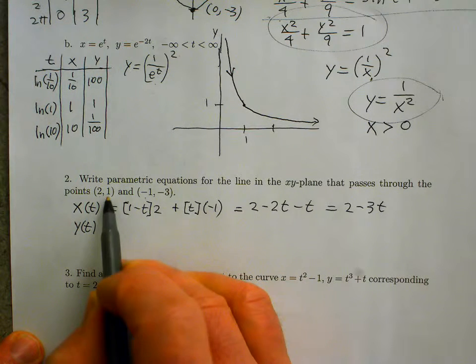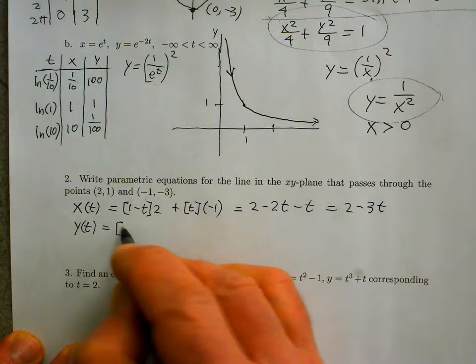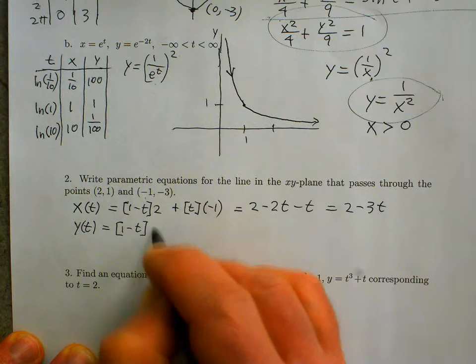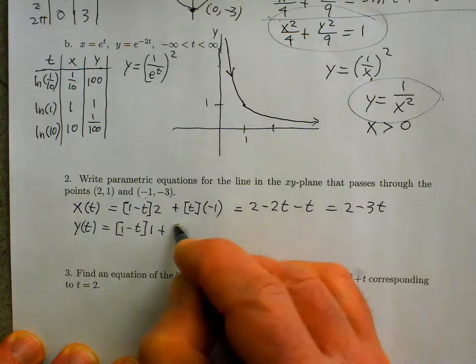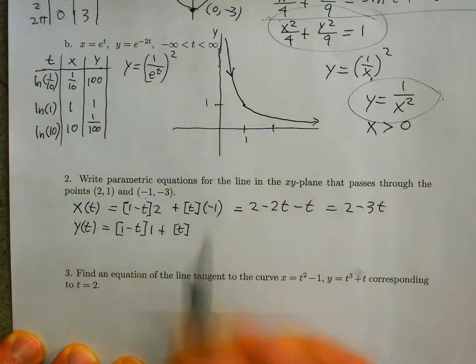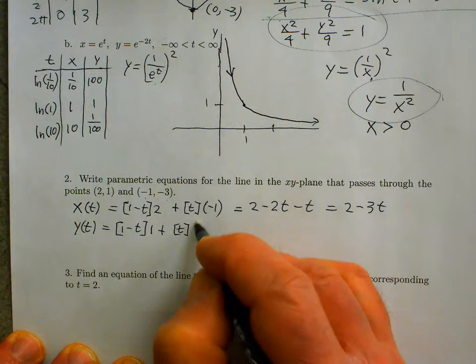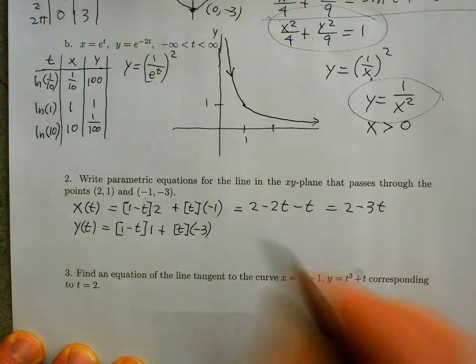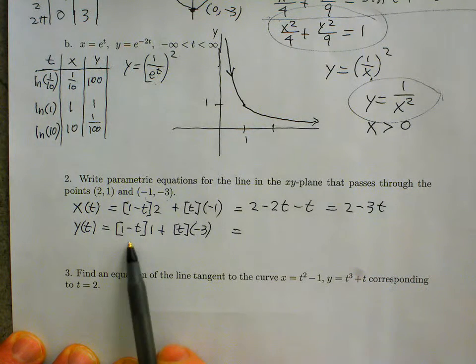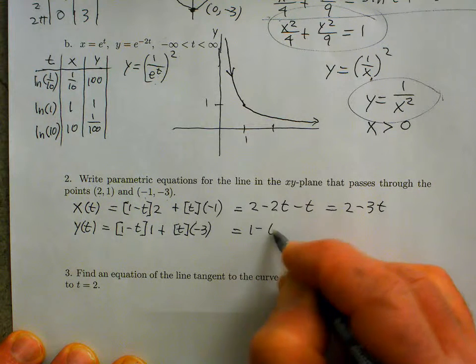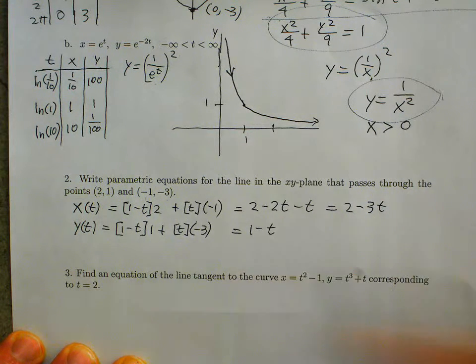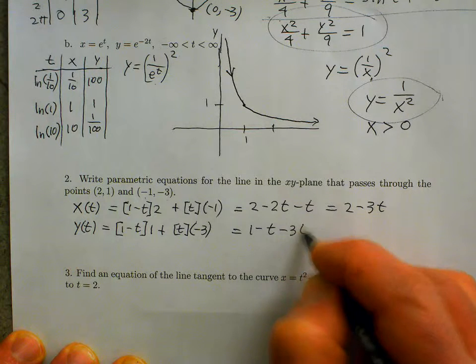Multiply the y coordinate 1 by 1 minus t. Then we add that to t times the y coordinate of the other point, which is -3. Then do the arithmetic. 1 minus t times 1 is 1 minus t, and plus -3t is minus 3t.